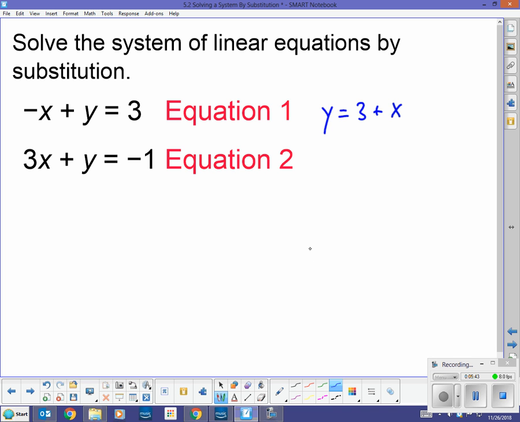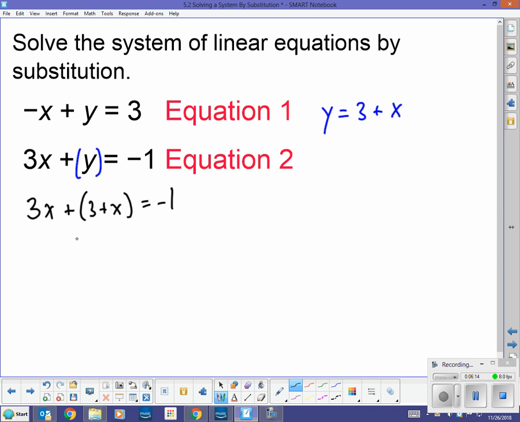All right, so since y equals 3 plus x, I can substitute that in for the y in equation 2. So my new equation would be 3x plus 3 plus x equals negative 1. Let's simplify this. Everything's addition, so I can just ignore the parentheses. There's nothing to distribute.